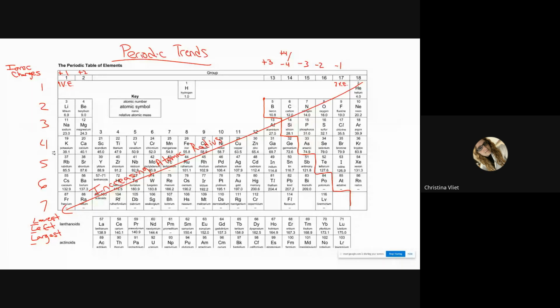So that means the smaller an element is, the harder it is. And so if energy is the amount of energy required, then the actual trend is exactly the opposite. So you should write an opposing arrow and write increasing ionization energy.